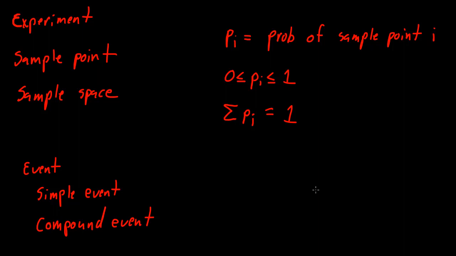So now that we've defined what an event is, we need to understand how to actually find the probability of that event. So we're going to use the notation P, parentheses, event. And this notation is just saying, what is the probability of whatever is inside the parentheses occurring? So what is the probability of that event? And the probability of that event is just equal to the sum of all the p_i's associated with each sample point in that event.